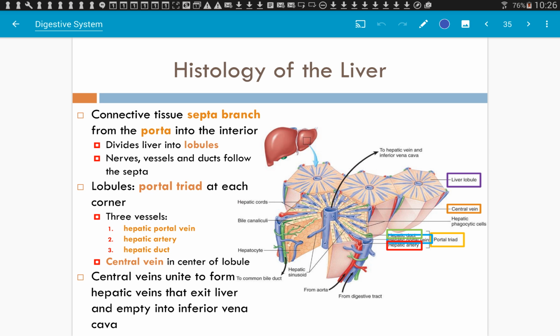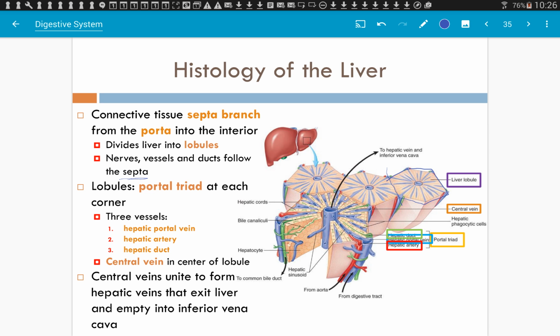And so it creates these little lobes, and then even smaller septa. There we go. And so a liver lobule is kind of like this honeycomb shape. So that's one liver lobule.